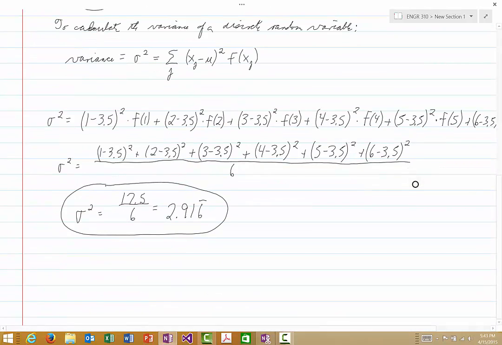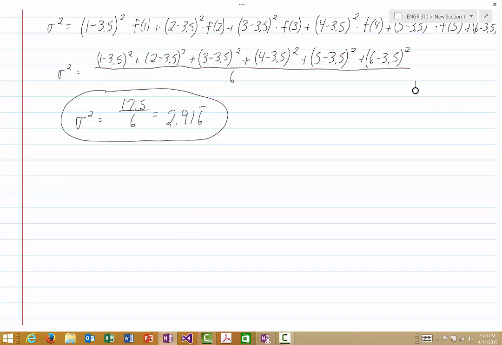So now let's look at another problem, this time one with a continuous random variable. For this case, let's look at problem 6.